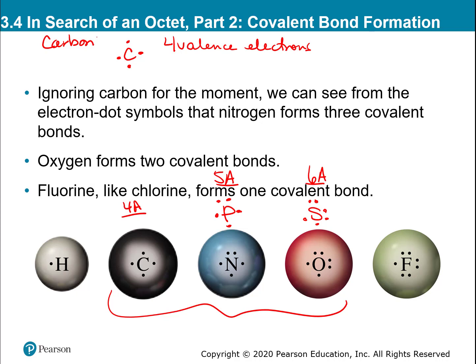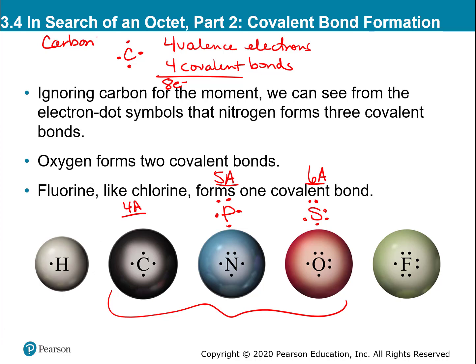So the only way that carbon can be stable is to have 8. So it is going to have 4 bonds. It's going to have to form 4 covalent bonds, and that will give it the octet. So 4 valence electrons form 4 shared pairs with other atoms in order to create that stability.